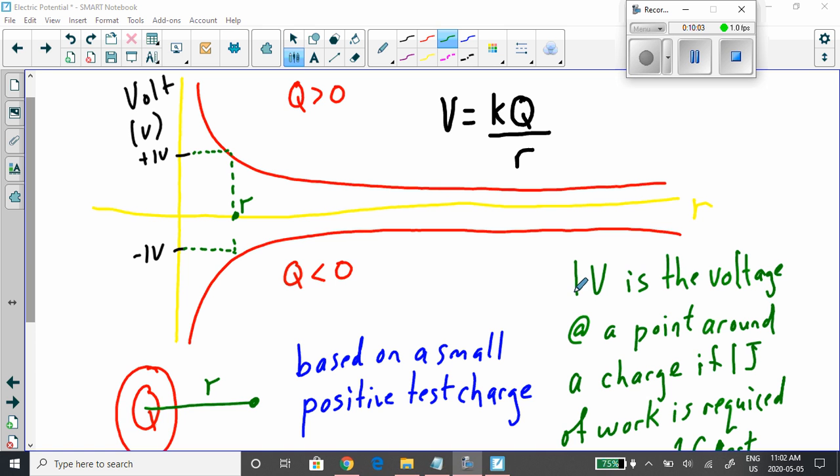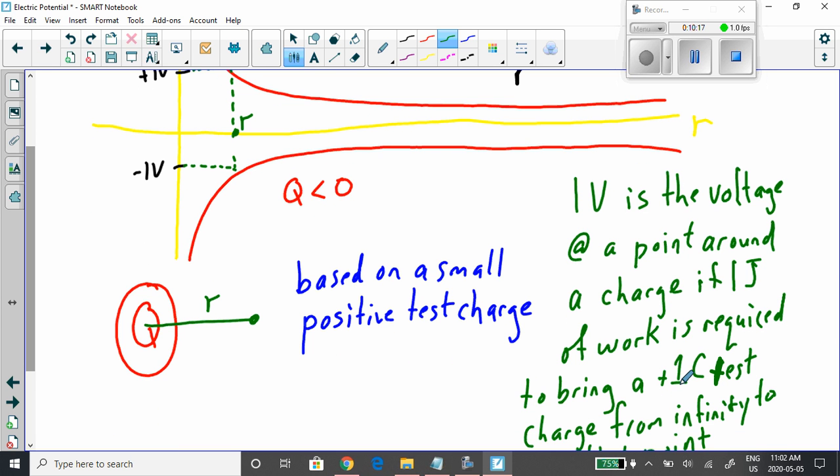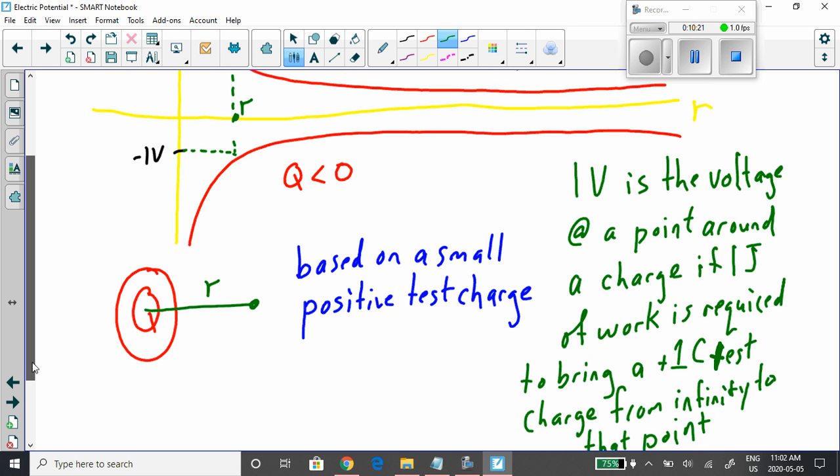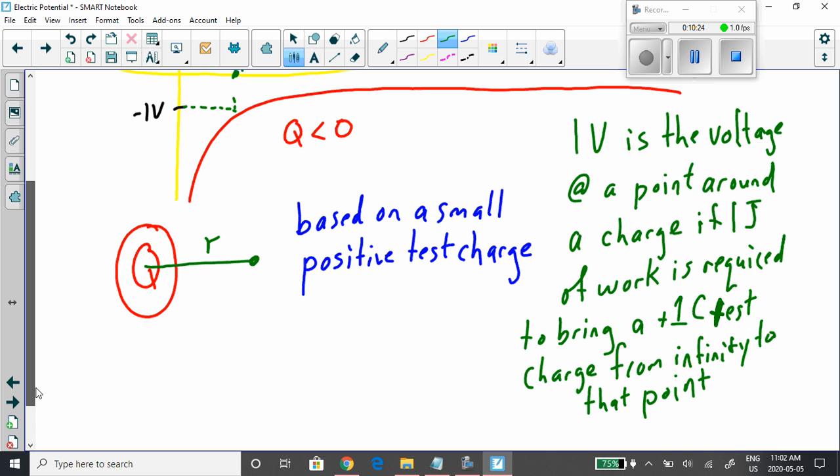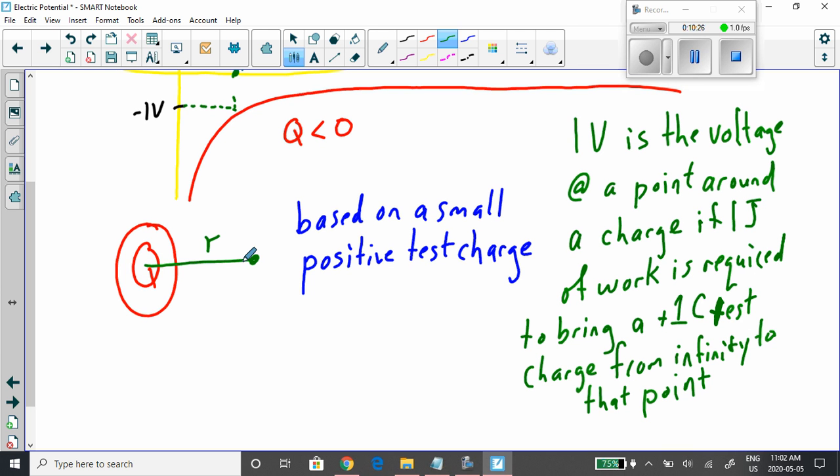The 1 volt mark right here is the voltage at a point around a charge if 1 joule of work is required to bring a 1 coulomb test charge from infinity to that point, this point right here, R meters away from the center of the charged particle.